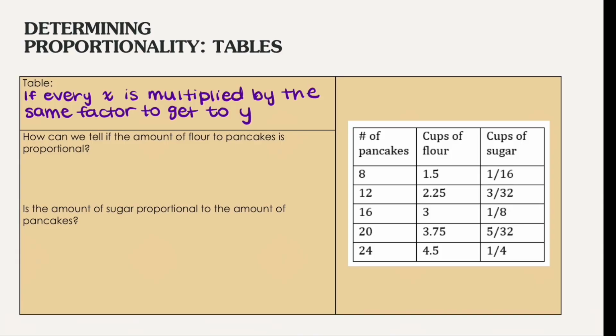So if we look at this table here, we can consider the pancakes to be x, and we consider the flour and the sugar to be y1 and y2. They're 2 different y's, but they both relate to x, the number of pancakes that we're trying to make.